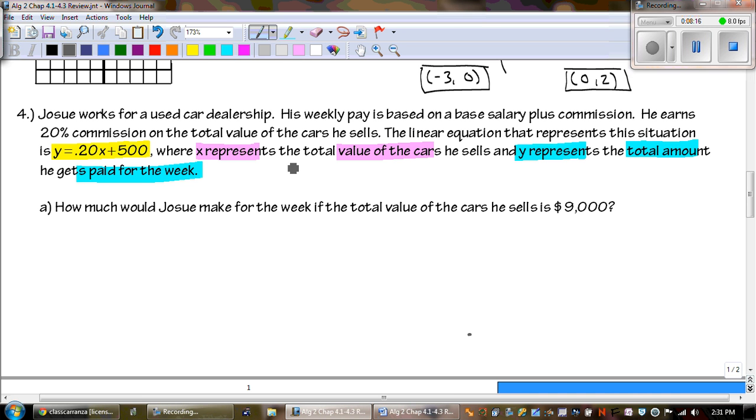So I like to write that down at the top so I can go back to it. So x represents the value of cars, and y represents the total money paid.